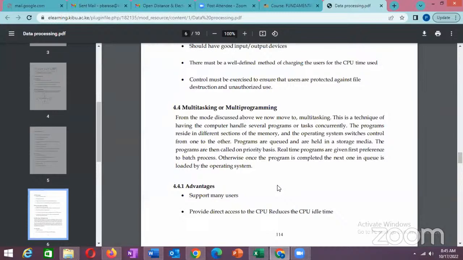Programs are queued and held in a storage media. The programs are then called on priority basis. Real-time programs are given first preference to batch process. Otherwise, once the program is completed, the next one in queue is loaded by the operating system.